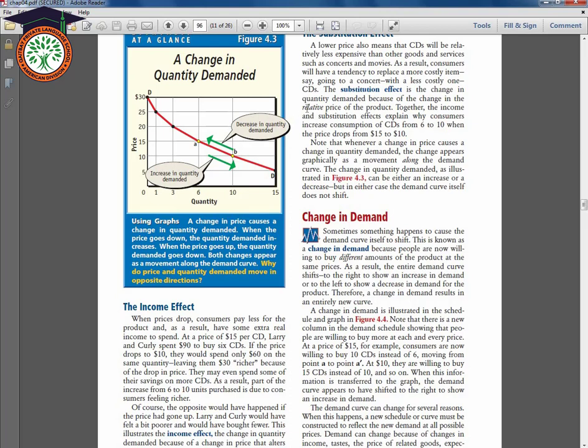So the substitution effect here has a very strong effect on the quantity demanded, okay. Also, substitution always depends on the consumer's style, the consumer's taste, and the consumer's tendency to replace what you want in the market.